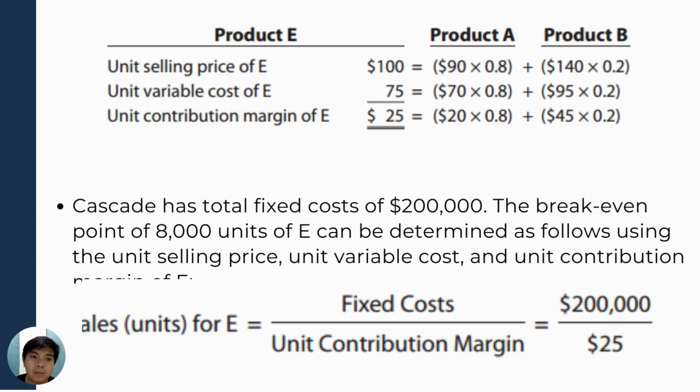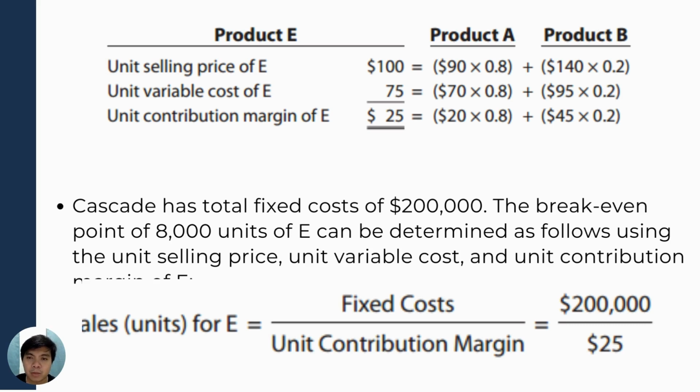That would result in $100. Same computation with unit variable cost of E, and that would result in a unit contribution margin of E of $25.